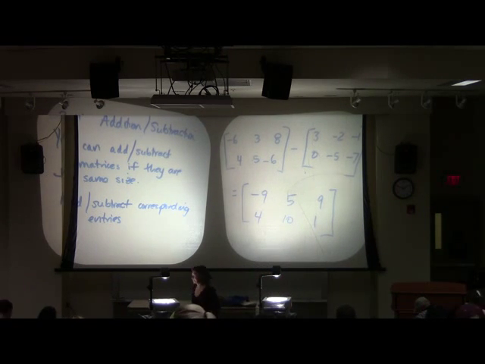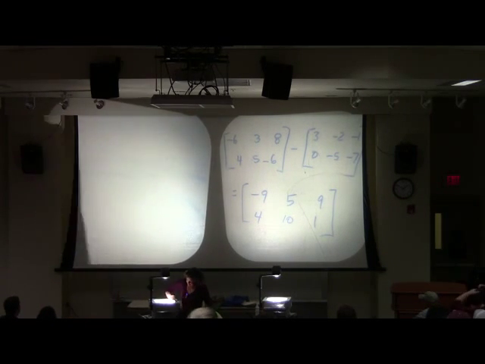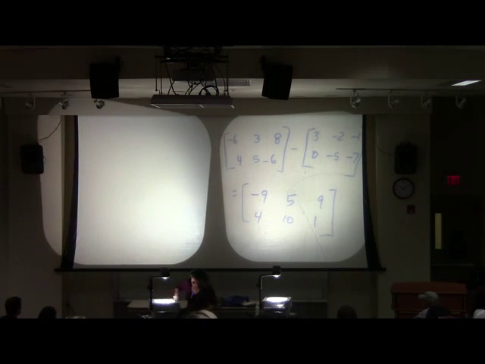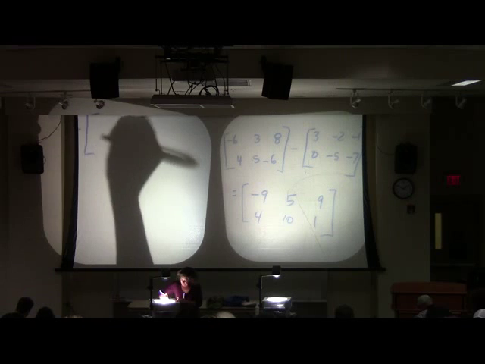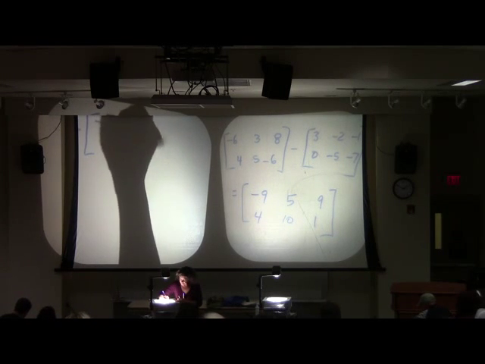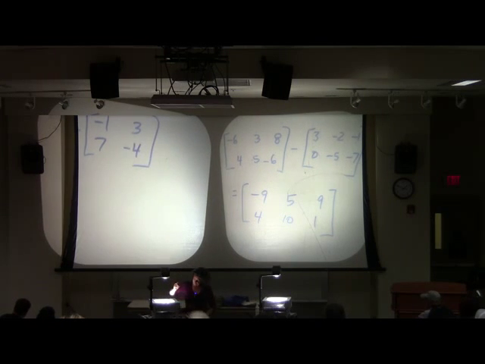Isn't this exciting? Let me ask you what you would want to do if I put you in this situation. What if I had a negative 2 in front of this matrix? Negative 1, 3, 7, negative 4. What would you want to do with that negative 2 in front of your matrix?